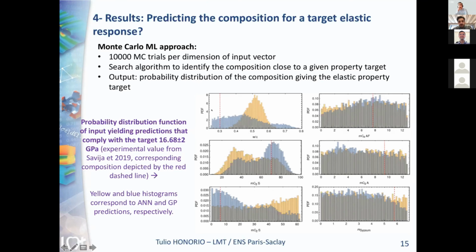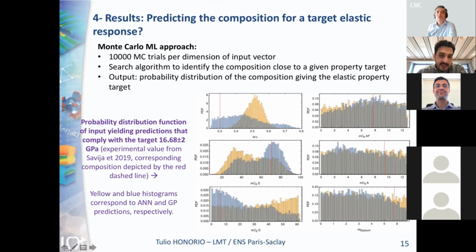So here what I'm showing is the distribution of the values when we adopt this target, more or less 16 to 2 gigapascal, that I took from an experimental study using quasi-static measurements of the Young modulus. And the distributions are here.